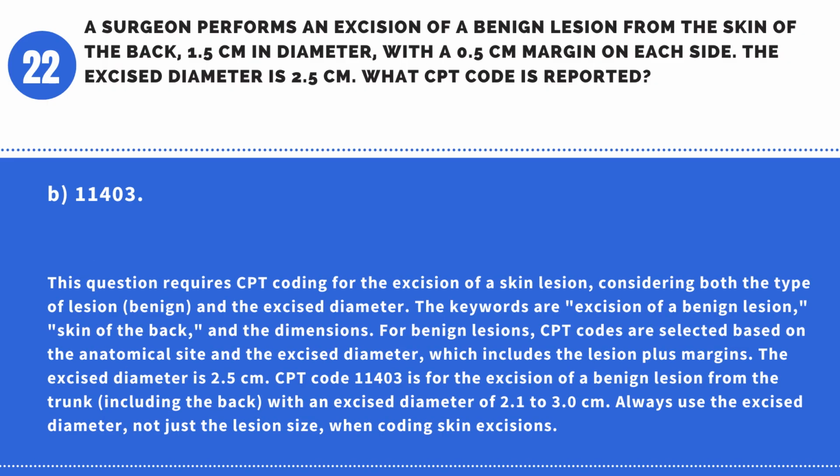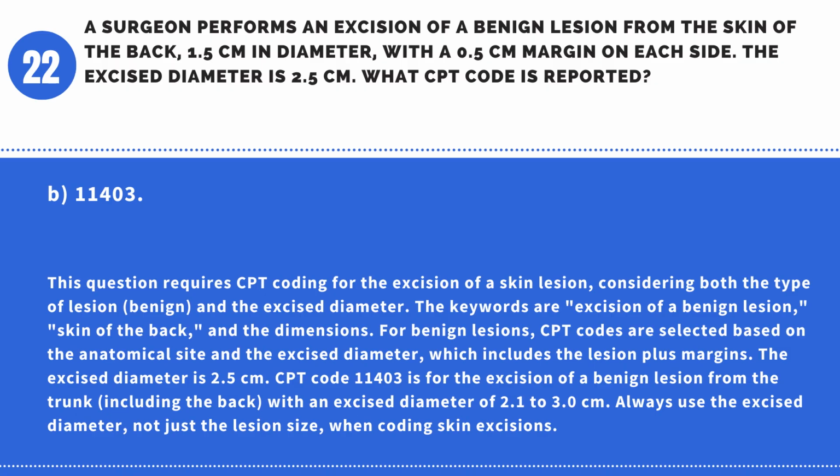Answer, B. 11403. This question requires CPT coding for the excision of a skin lesion, considering both the type of lesion, benign, and the excised diameter. The keywords are excision of a benign lesion, skin of the back, and the dimensions. For benign lesions, CPT codes are selected based on the anatomical site and the excised diameter, which includes the lesion plus margins.